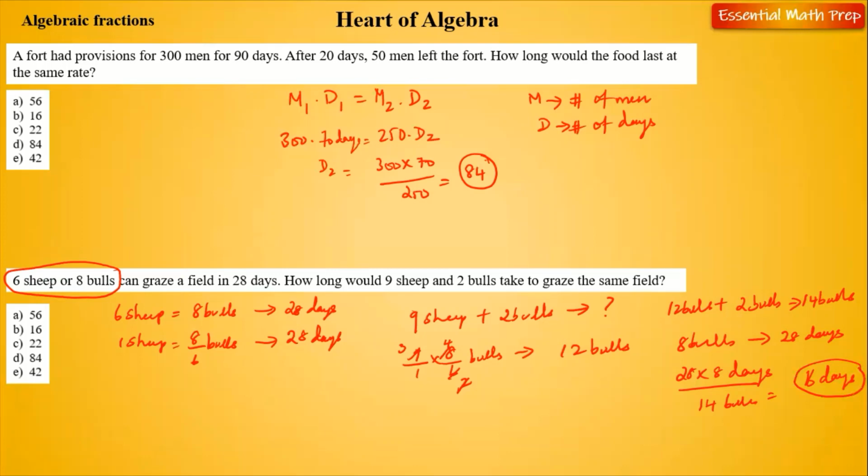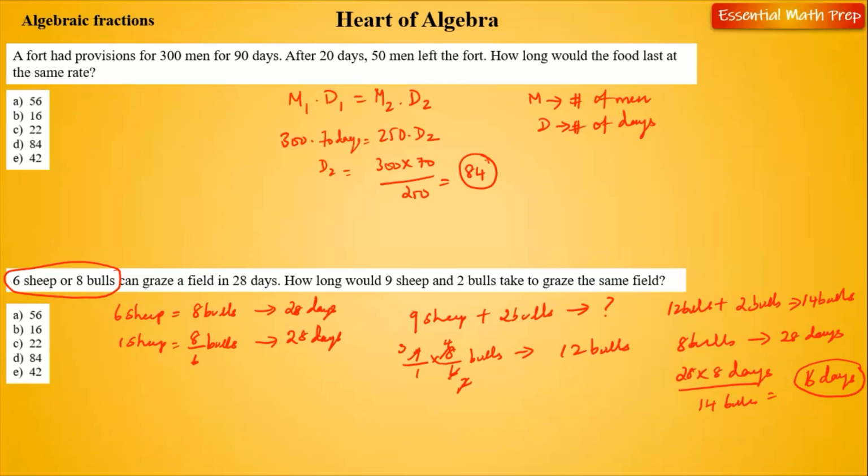So essentially what we have done is we had an algebraic expression in terms of sheep plus bulls. It would be difficult to solve the problem because the second part of the question doesn't give much to actually solve it. The only way we would be able to solve the problem is to take information from the first fragment of the question, where we are equating the sheep to the bulls, convert the sheep to bulls or bulls to sheep, whichever one you prefer, and then change the algebraic expression that is two variables into a single variable, either all in terms of bulls or all in terms of sheep.